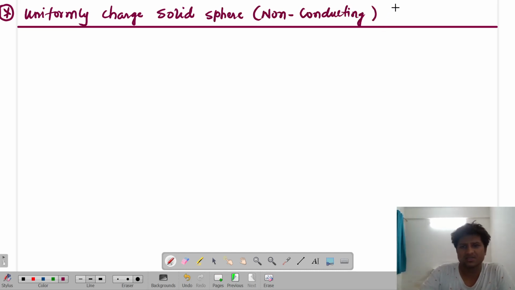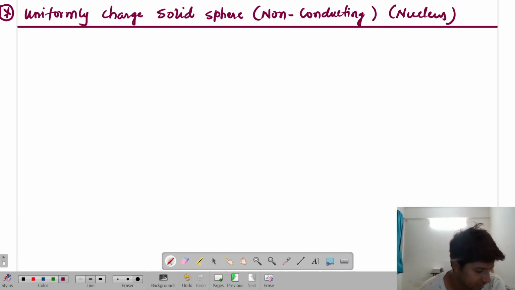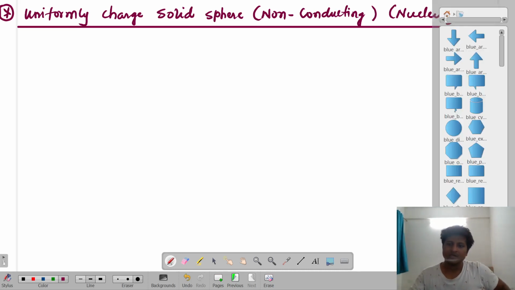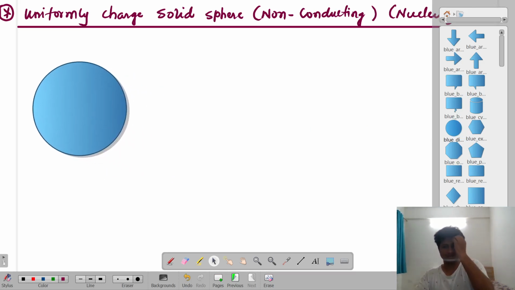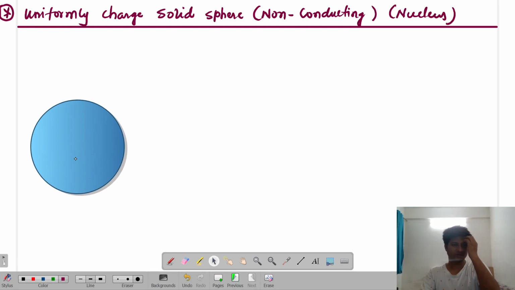See, you can consider that this is just like a nucleus, where charge is uniformly distributed. Now look carefully. This is my solid sphere, okay?